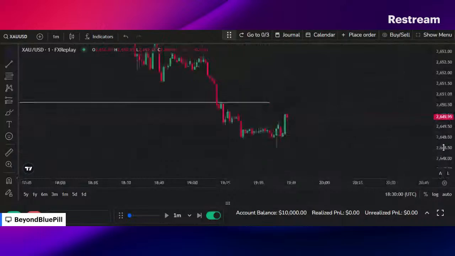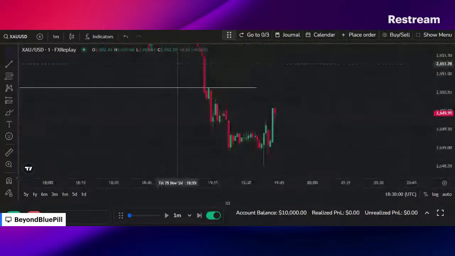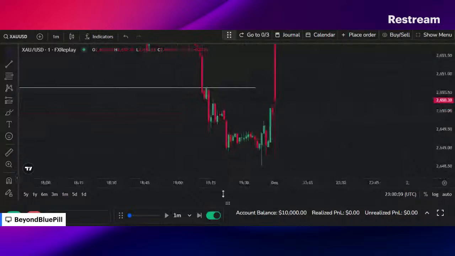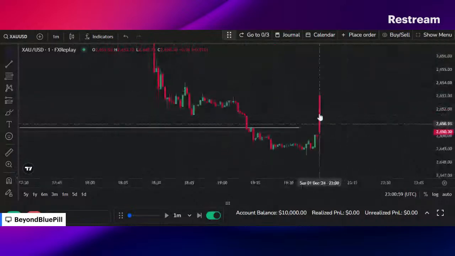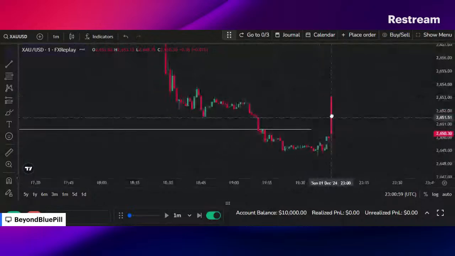Let's see. Look at that. Trade up and then move down.